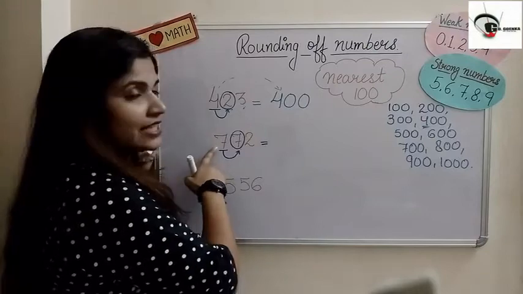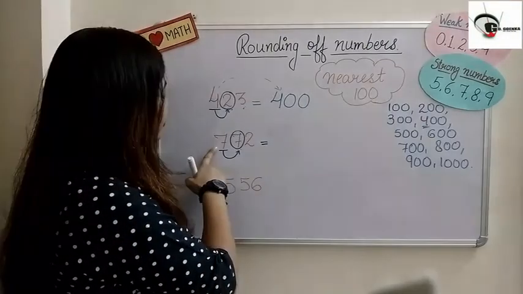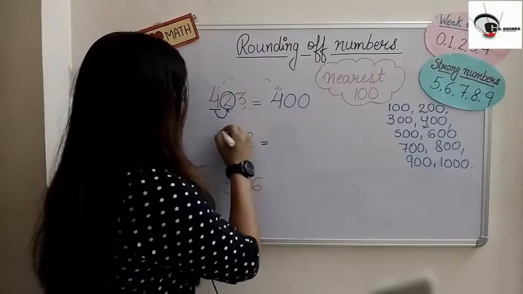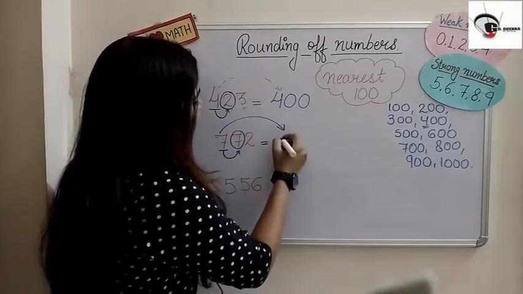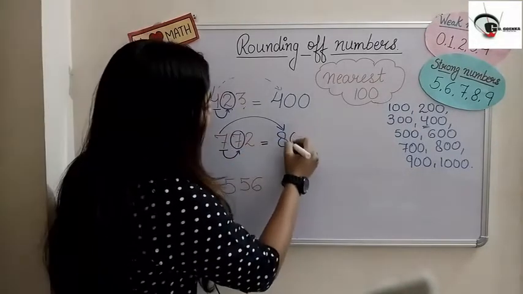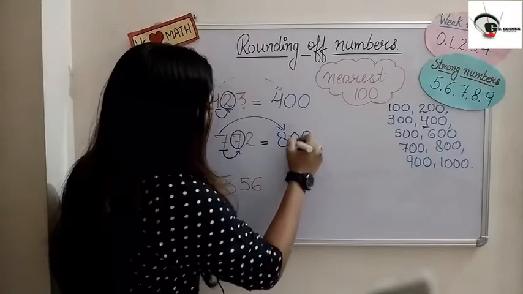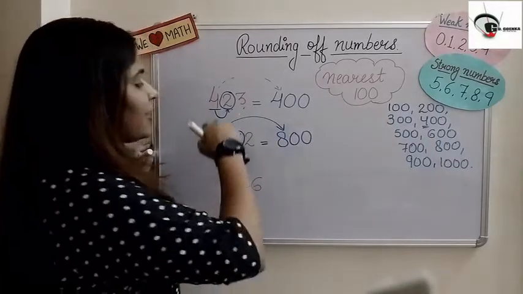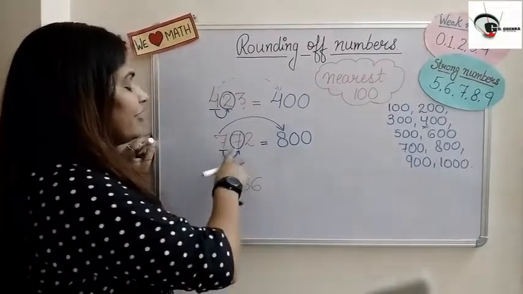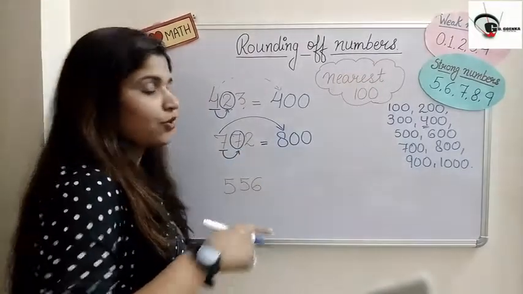So it is going to push 7 to the next number, that is 8. Yes, 7 will become 8, and the next two numbers will become 0 and 0. So 772, if we round off to the nearest 100, will become 800, of course.